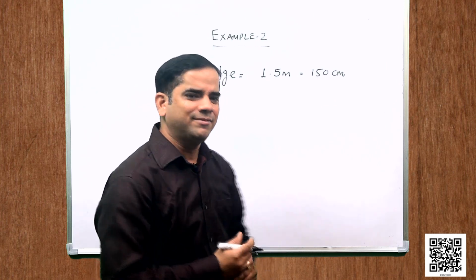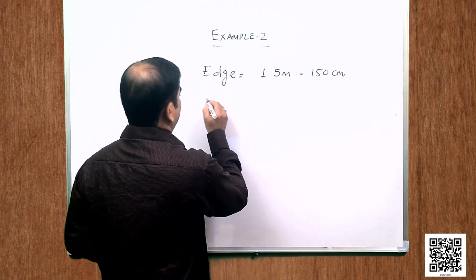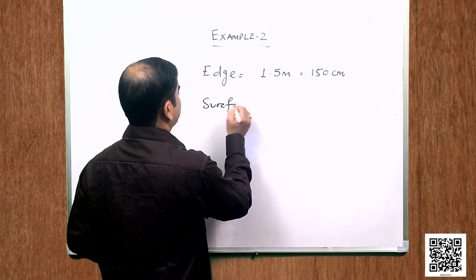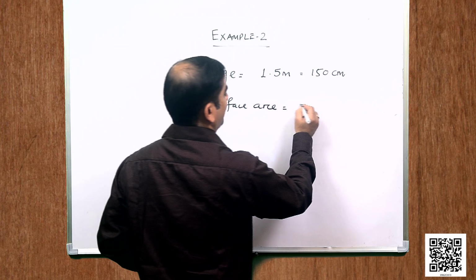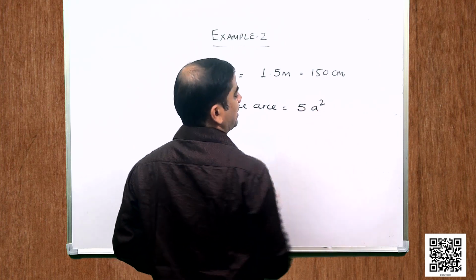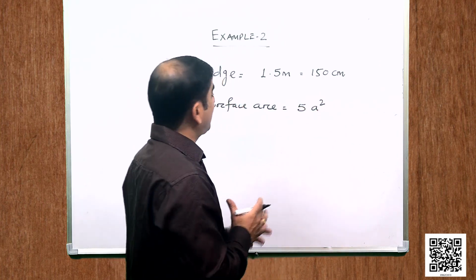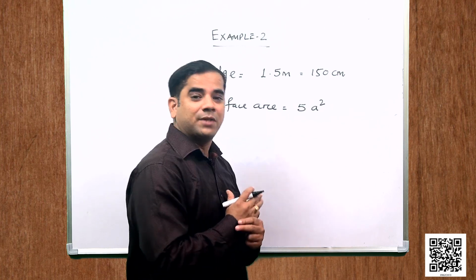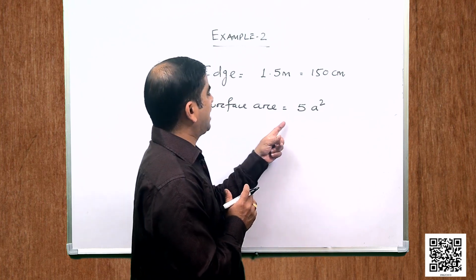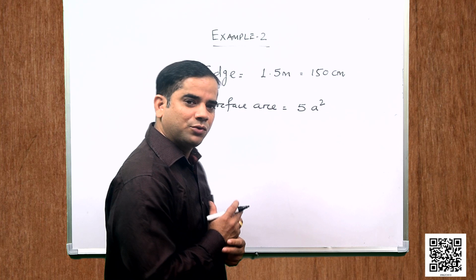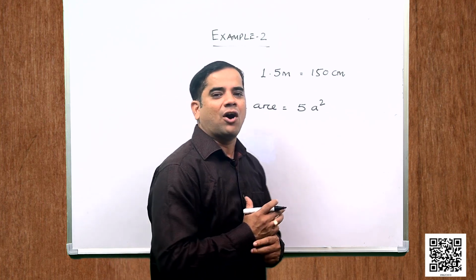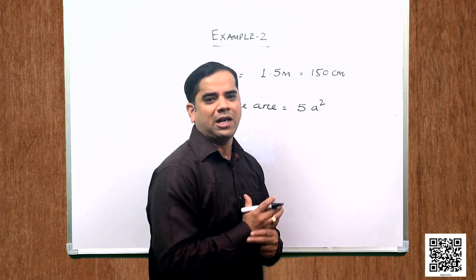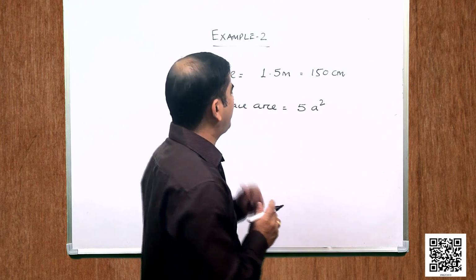Surface area of the tank. So, surface area is equal to 5a square, because we are going to cover 5 surfaces of the tank. So, the surface area will be 5a square, because we know, as we have already discussed, each surface of a cube having area a square. So, 5 surfaces means 5a square.